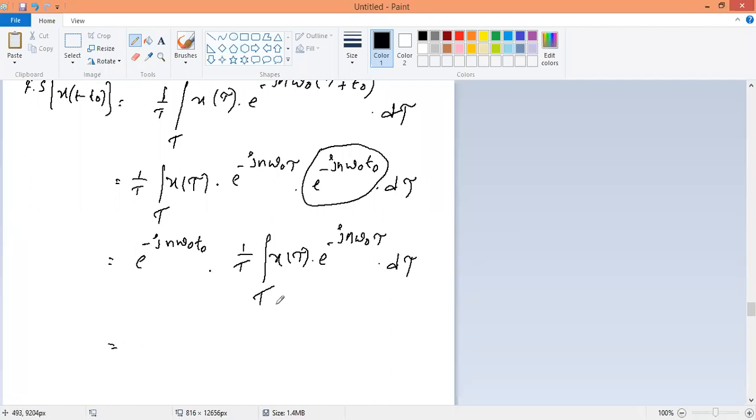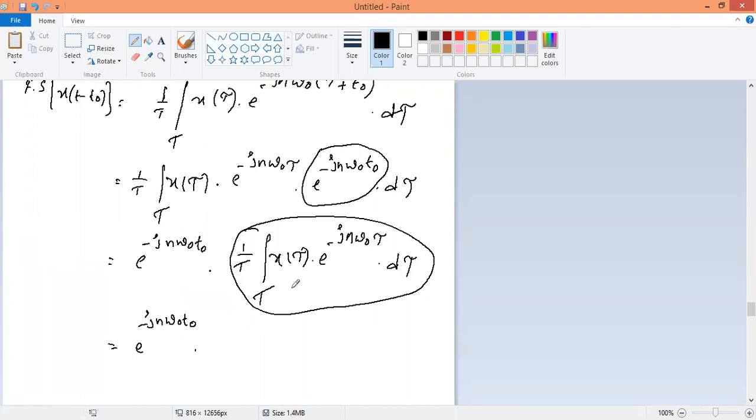Observe this value. It is in the form of which one? e power minus j n omega naught t naught into this value, which equals which one? C_n.